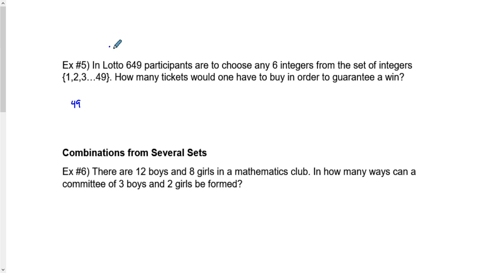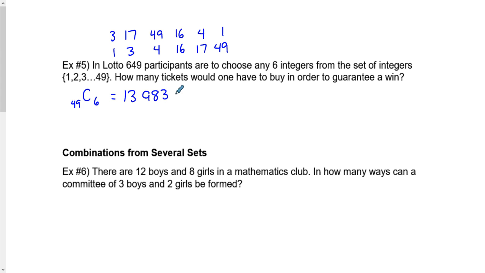So if your numbers are 3, 17, 49, 16, 4, and 1, these numbers are going to be put in order no matter when you pick them. So 49C6. If I'm doing my math right, there would be 13,983,816 unique tickets.